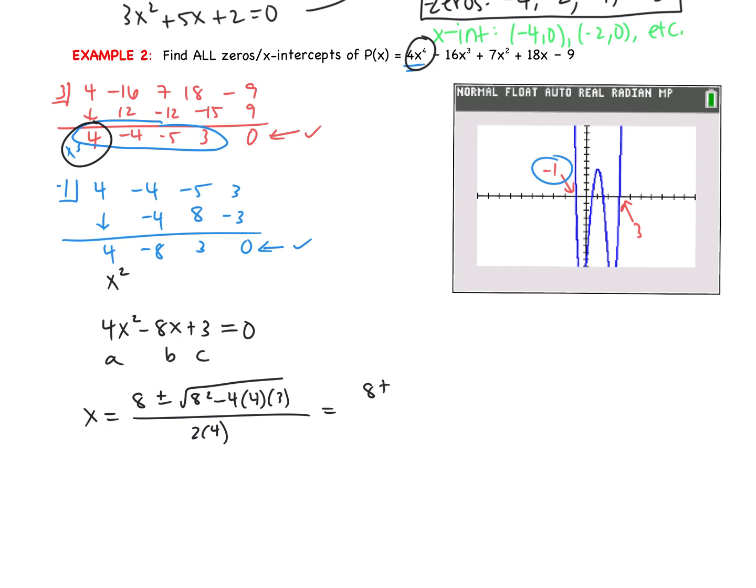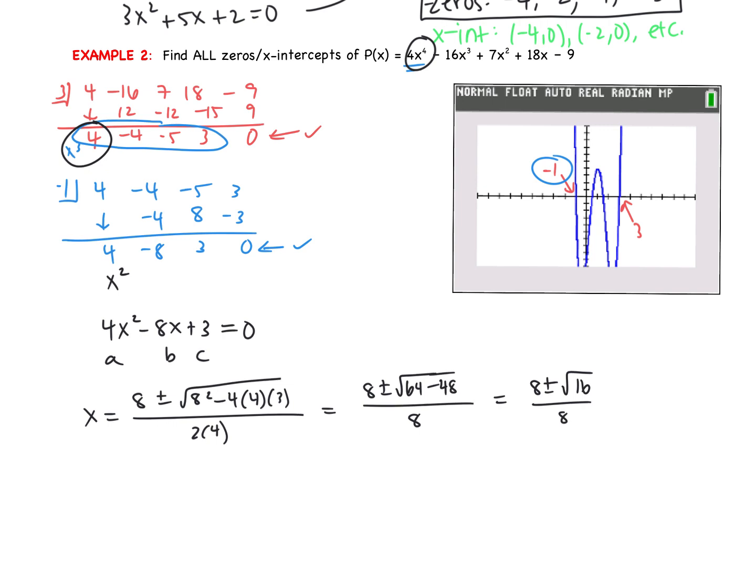So this is 8 plus or minus the square root of 64 subtract 48, over 8. Are those the right numbers? Yeah? So this gives us 8 plus or minus root 16 over 8.